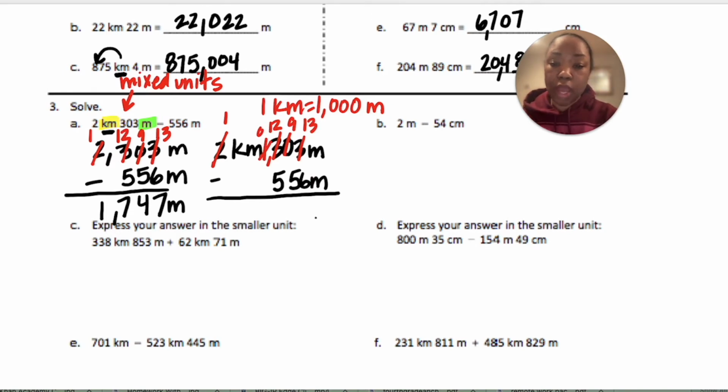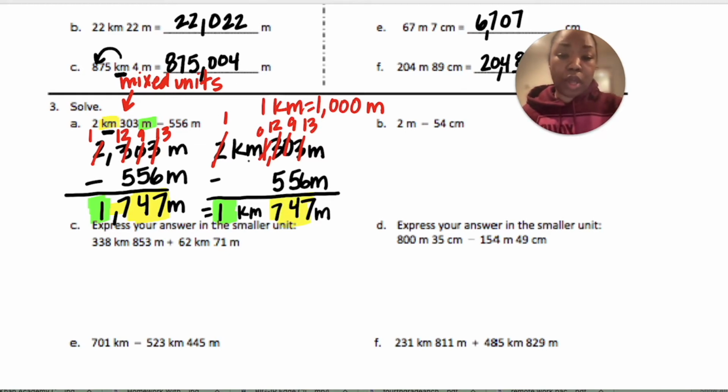Now I would subtract. 13 minus 6 is 7. 9 minus 5 is 4. 12 minus 5 is 7 meters, and then I have 1 kilometer left. You notice these are the same, right? 1,000 meters is 1 kilometer. And 747 meters. Same exact answer.